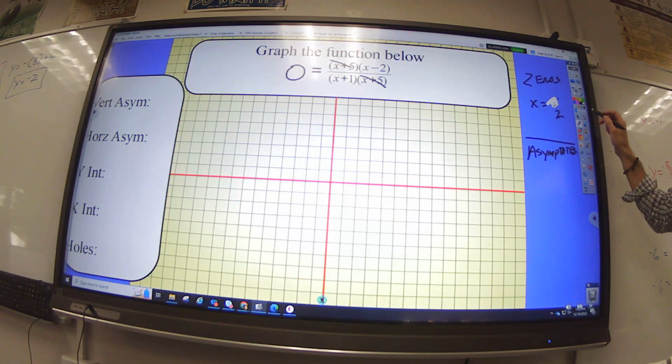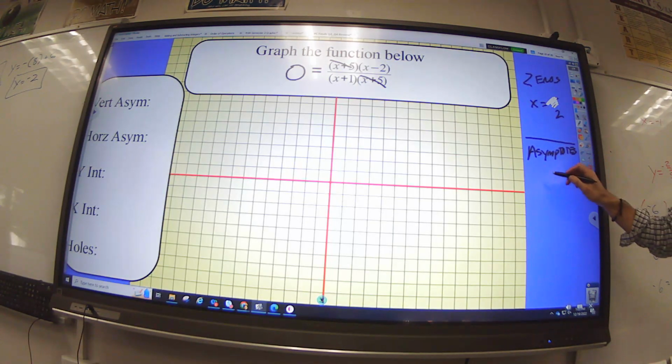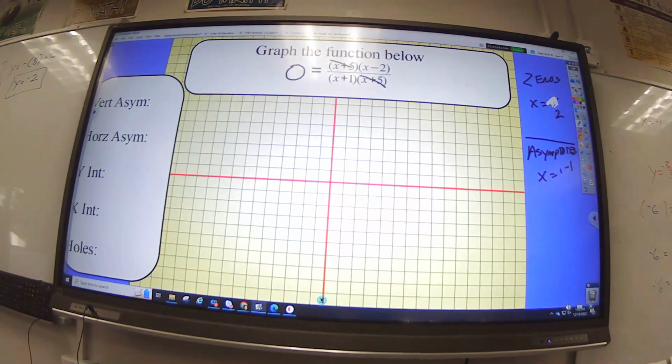Let's pretend that that's there. And so I only have x equals negative 1 as an asymptote. But what about the -5?